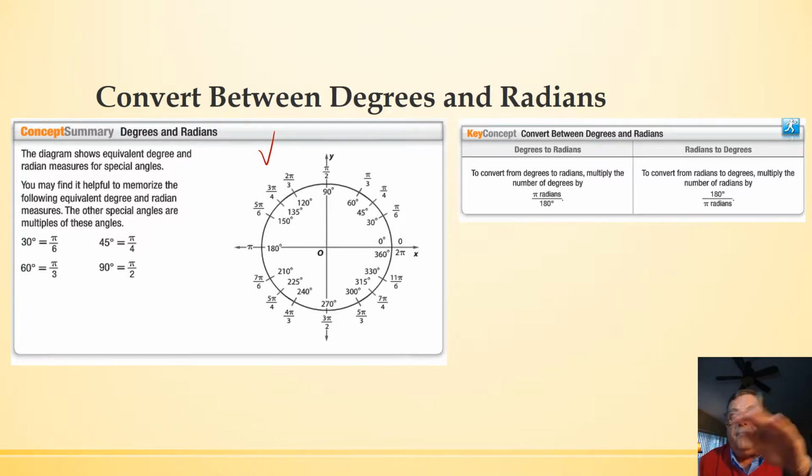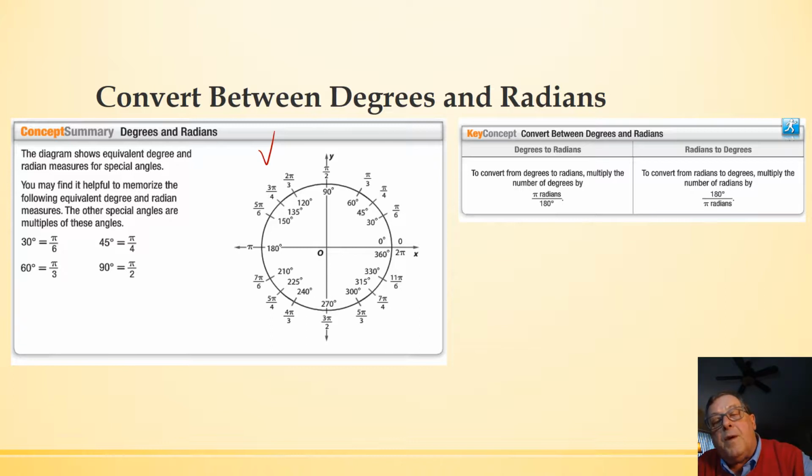Now, the circumference around a circle is 2 pi, and we can see this on this diagram, where if we're looking at angles in standard position with an initial side and a terminal side, we would have angle measures described both in degrees and radians.